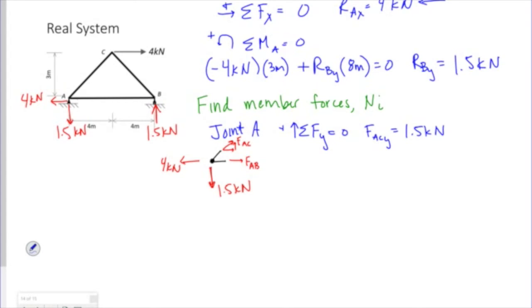It's the 3, 4, 5 triangle, right? 3, 4, 5.